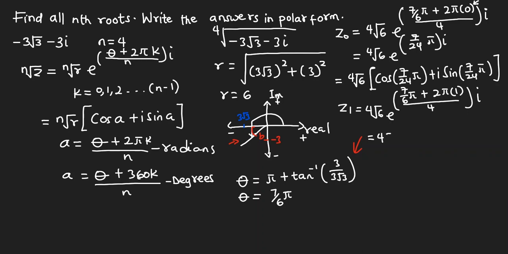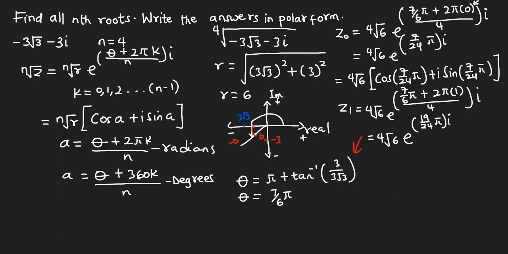You're going to get the fourth root of 6 multiplying e to the power. So in this case, you're going to have 7 over 6 pi plus 2 pi, and then all will be divided by 4. Okay, so this will give us 19 over 24 pi, and then let's bring our i.